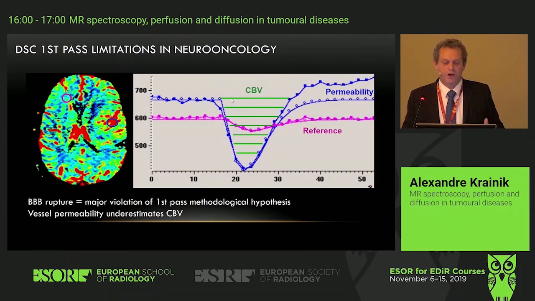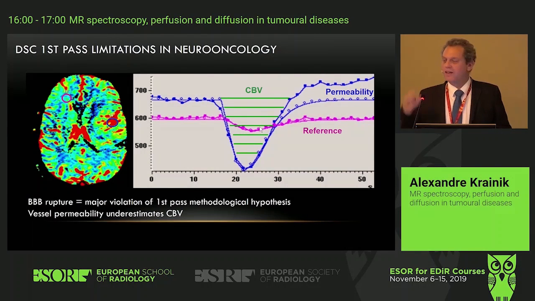You have to find all your tracer agent in this blood volume, in these vessels. Okay? And normally afterwards it should go back to the baseline, except when you have an abnormal permeability, a leakage of contrast agent, it may go above the baseline. It's due to a T1 effect.